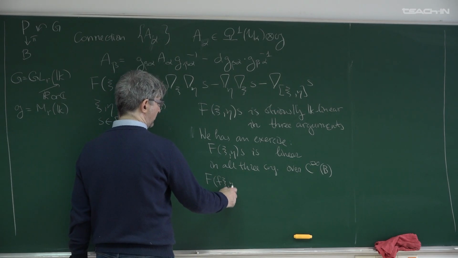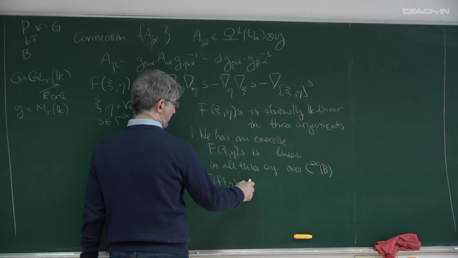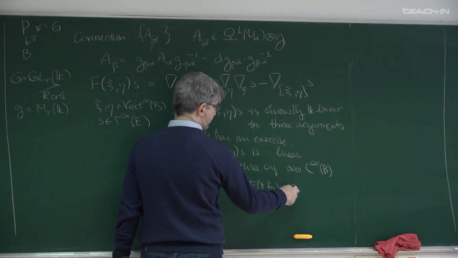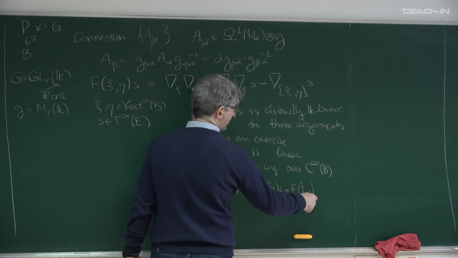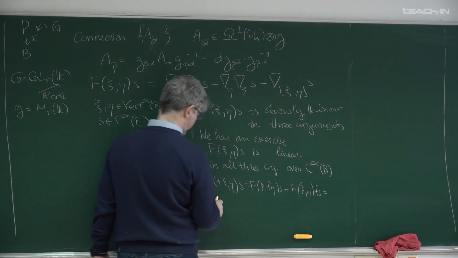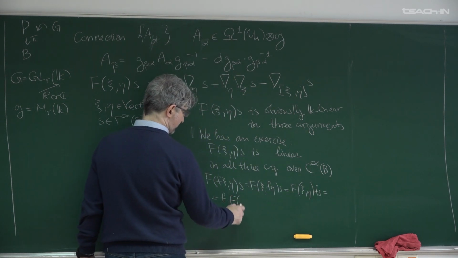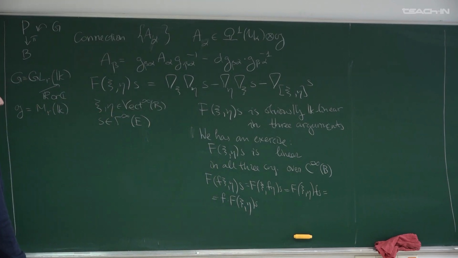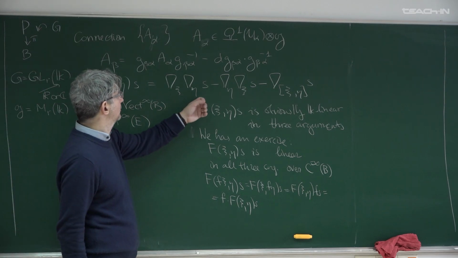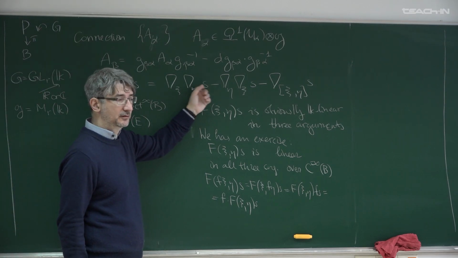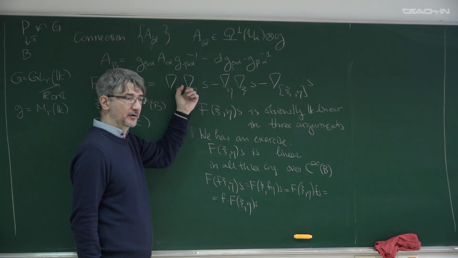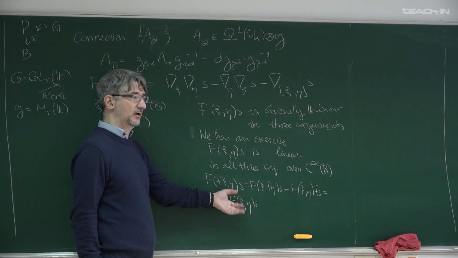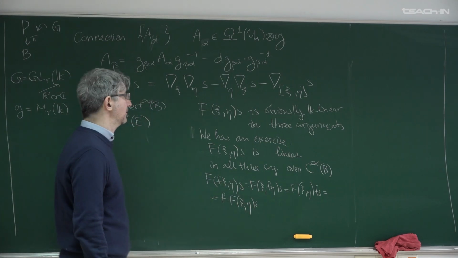I will write the formula. It's a kind of exercise for sure, because if you put f in some place here, then you need to take a derivative of the function f, and you need to check that there are no derivatives of f after final simplification and so on.